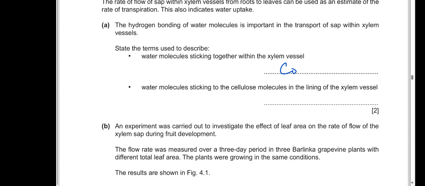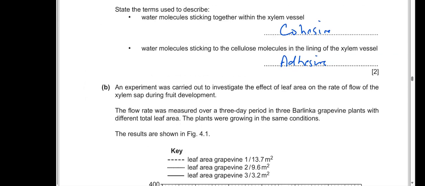So, this is the term used to describe the force between the water molecules within the xylem vessels. Then, water molecules sticking to the cellulose molecules in the lining of the xylem vessels. We know the force of attraction between molecules of different types, here the water and the xylem vessels, we call that the adhesive force or adhesive attraction.